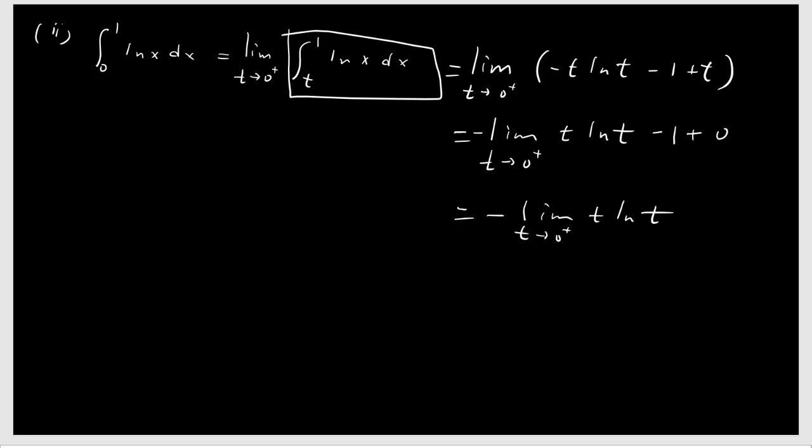This limit is a little bit weird to evaluate, but whenever you see a harder limit, do not forget about L'Hopital's rule. Okay, I think you are going to see a question like that on the assignment. Sorry, I forgot the minus 1. Okay. We evaluate the limit of t times natural log of t separately, as t approaches 0 from the right.